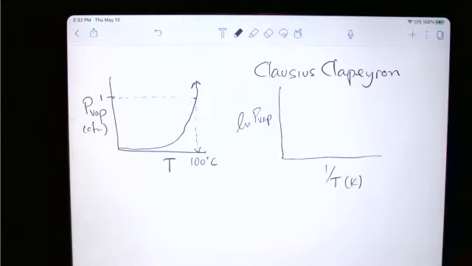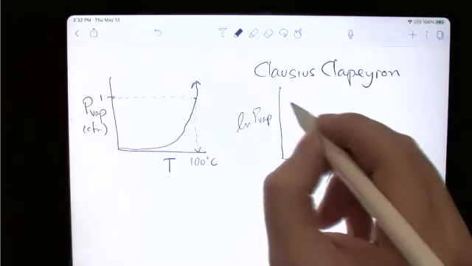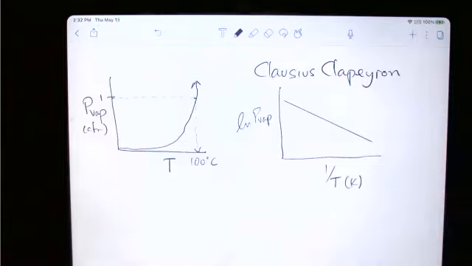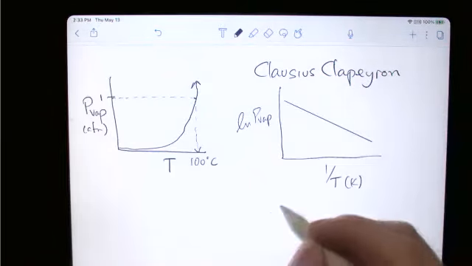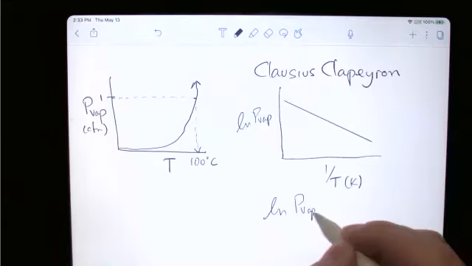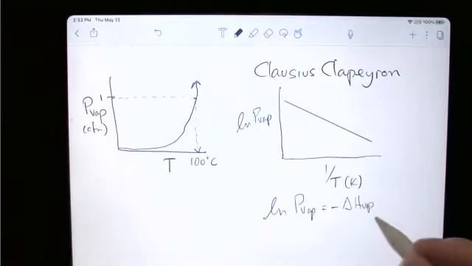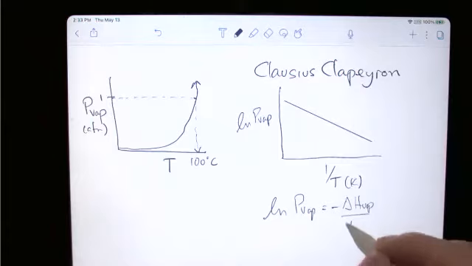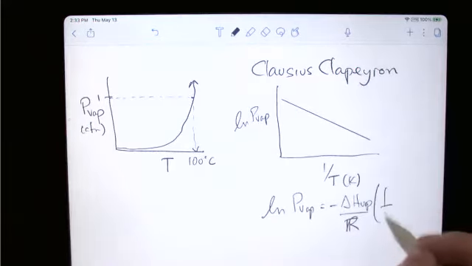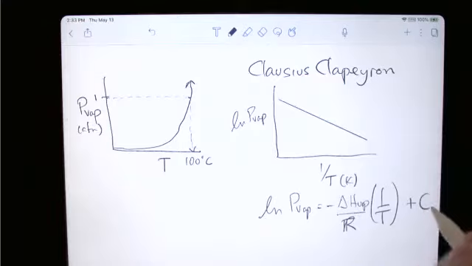And they said this would create a falling straight line graph. They gave us an equation. The natural log of vapor pressure is negative delta H vap, the heat of vaporization, over R, times 1 over temperature, plus a constant.